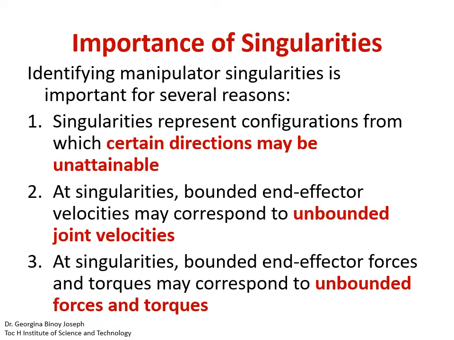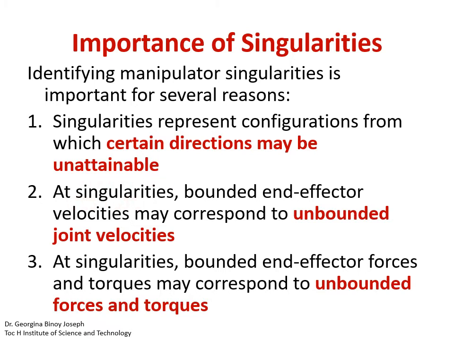We saw from the previous example that singularities represent configurations from which certain directions may be unattainable. Whatever the change in q1 and q2, there will be no change in dy, because dy was equal to 0 and did not depend upon q1 and q2.